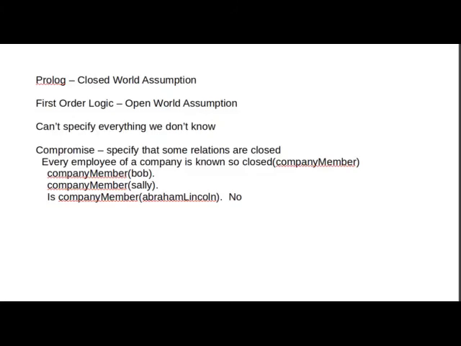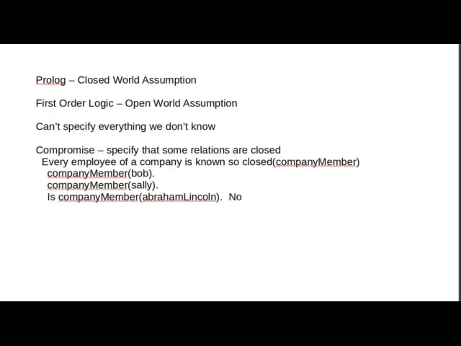There are, however, some additional compromises here. You can do a closed world assumption, say, on a particular predicate, a particular relationship, and say that maybe with some kind of meta predicate that company membership is a closed relationship. So presumably if I own a company, I know everybody that works for that company. I'm signing the paychecks. So that shouldn't be the case if I say, is Bob a company member, that I don't know.